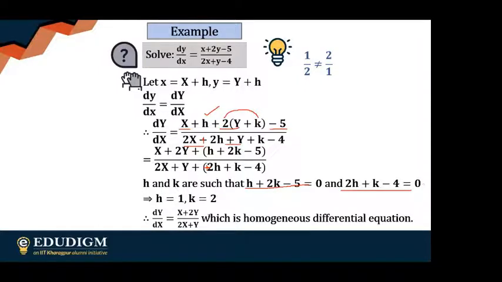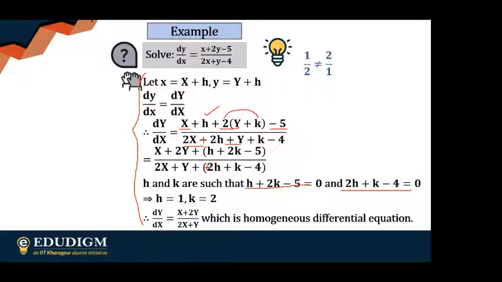After that, we know how to treat homogeneous differential equations. Make sure you understand each and every step of this particular slide, because this is a new thing that you have learned. Check the calculations and see whether you understand it or not.